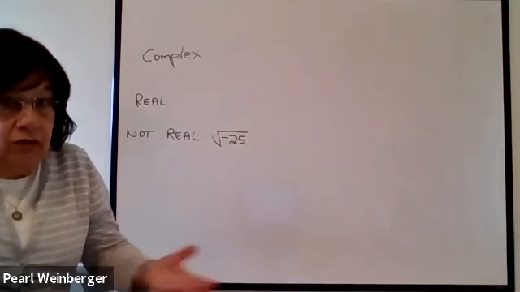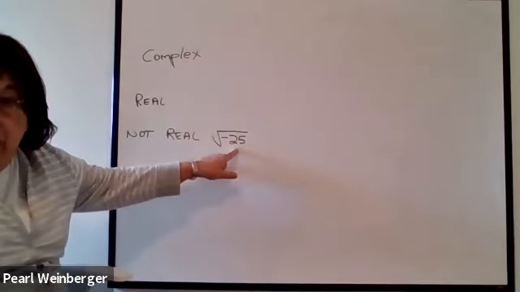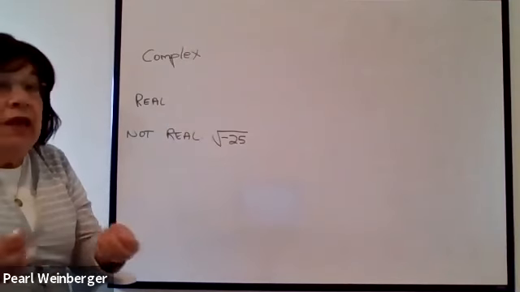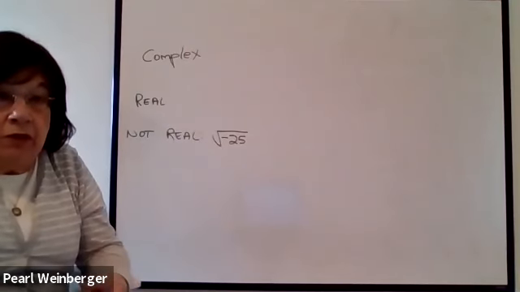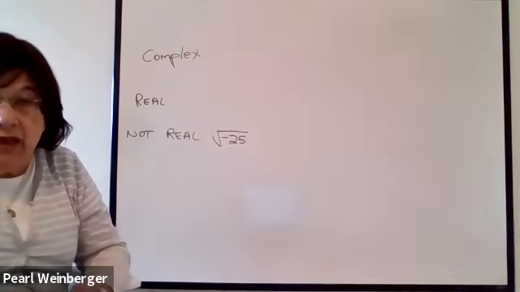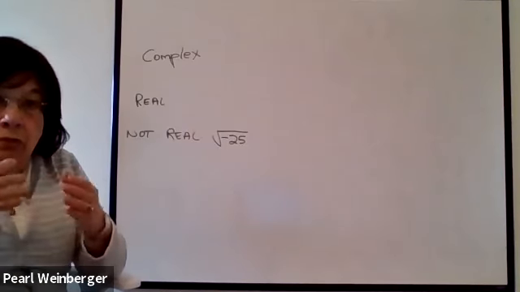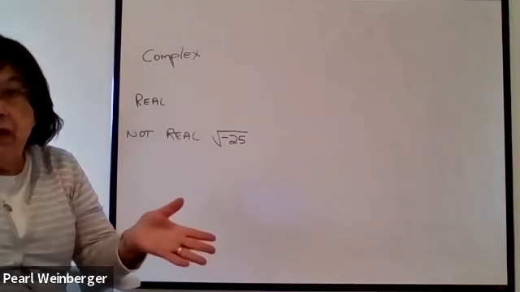We can't say it's 5 because 5 times 5 won't give us -25, it'll give us +25. And we can't say it's -5 either because -5 times -5 is also +25. There's no way you can get a real number to multiply by itself to be negative.